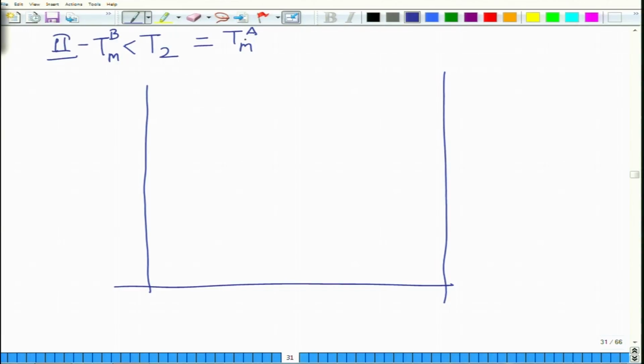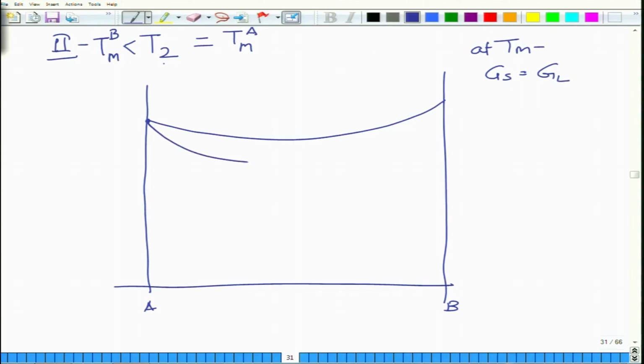When we are standing at the melting point Tm, we know that GS is equal to GL. So for A, this is A, this is B, the free energy curves will be coinciding. So this is GS, this is GL, this is TmA.